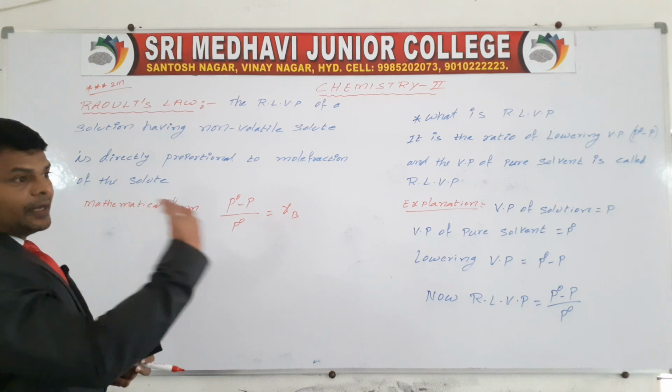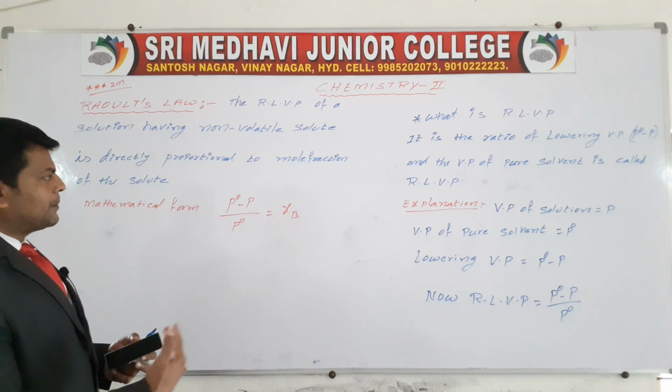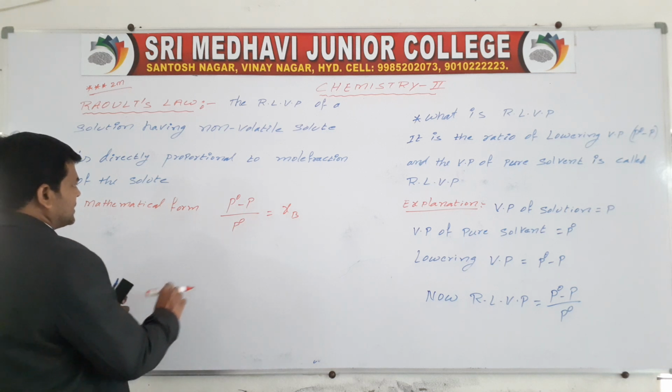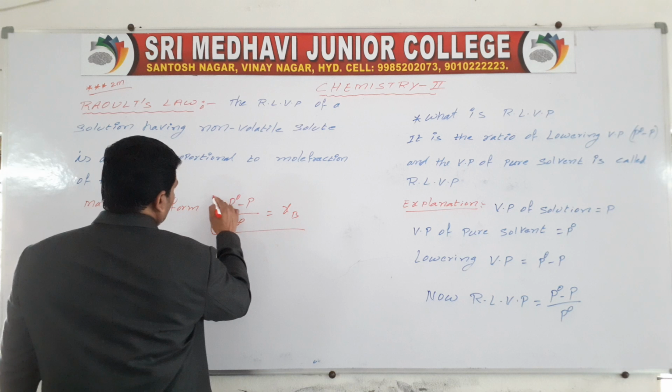XB means NB by NA plus NB. This is the form you have to remember.